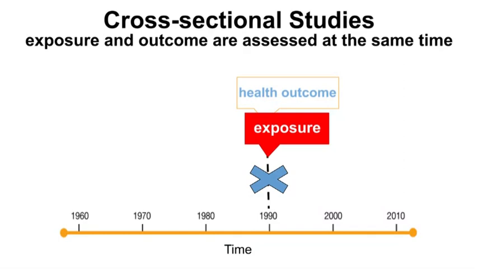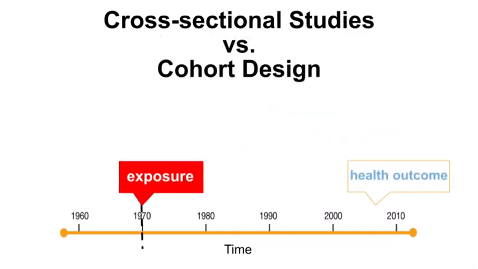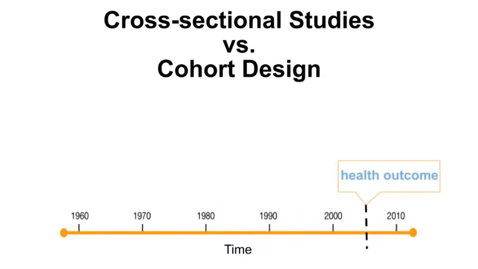In this example, you obtain the information about both their exposure, traffic-related air pollution, and their health outcome, asthma, at one point in time. This is in contrast to both the cohort study, in which you start with defining the population, measuring the exposure, and then ascertain the disease at a later date. In this diagram, the investigators start in 1970, measure exposure, and then assess the health outcome in 2007. The cross-sectional study design is also different from the case-control design.